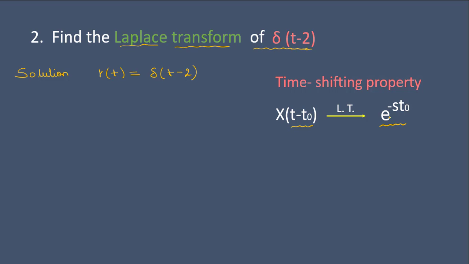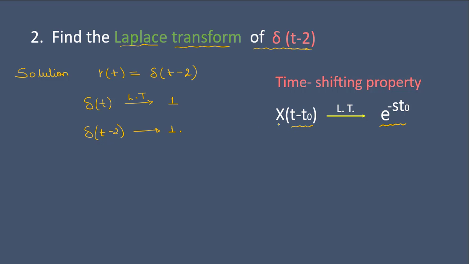So using this time shifting property, we can find the Laplace transform of del of t minus 2. We have seen the Laplace transform of del of t is 1. So the Laplace transform of del of t minus 2 will be 1 into, using the time shifting property, t minus 2.